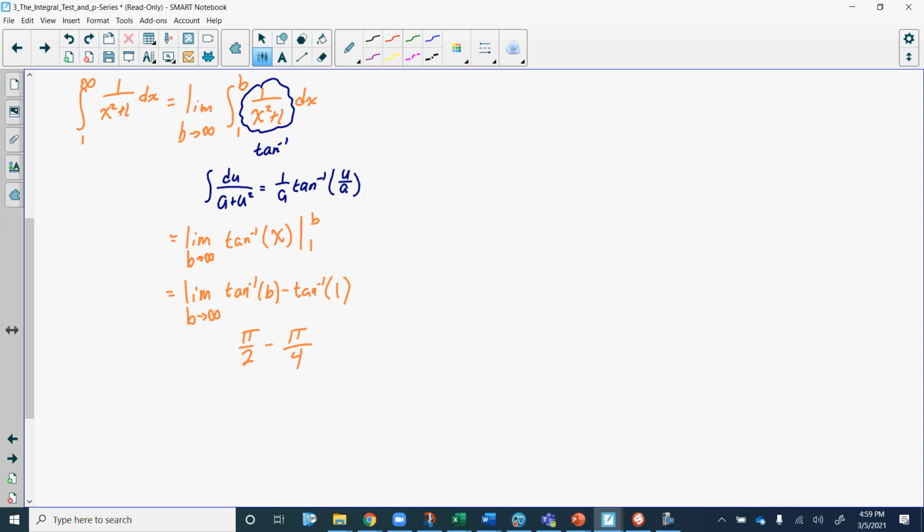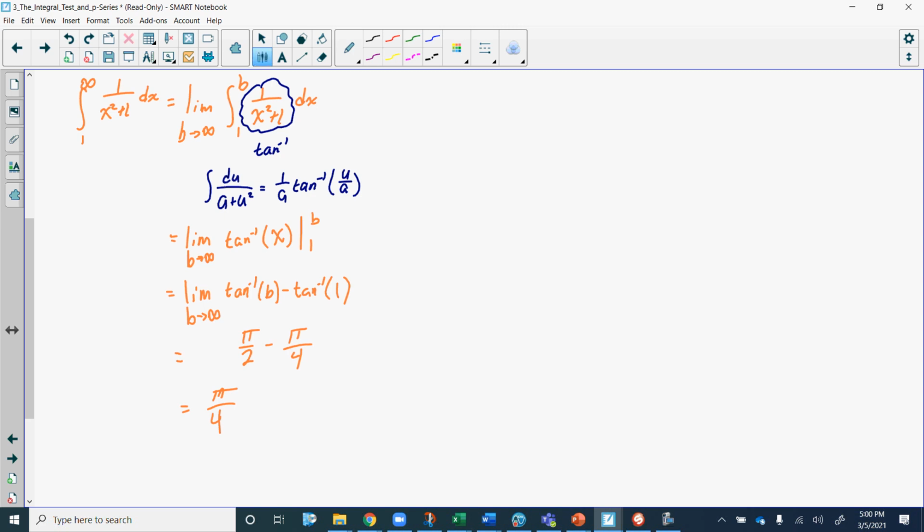So all of that simplifies to be just pi over 4. Oh, and I wrote my denominator wrong. It's pi over 4. Pi over 2 minus pi over 4 is pi over 4.